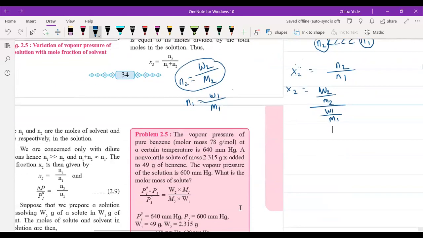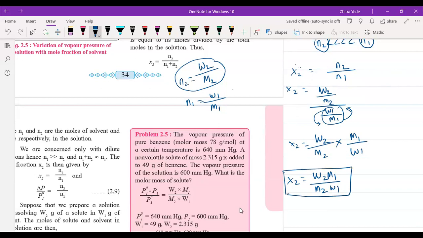Now we have to solve that further. The denominator fraction flips, so we can write X2 equals W2 into M1 divided by M2 into W1, which is equal to delta P divided by P1 zero.